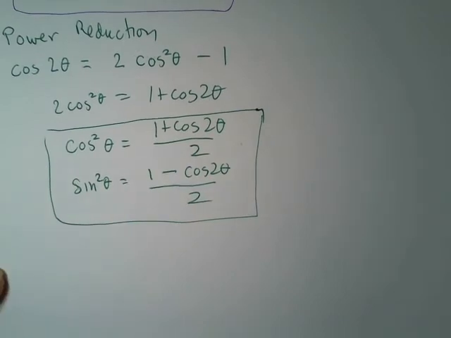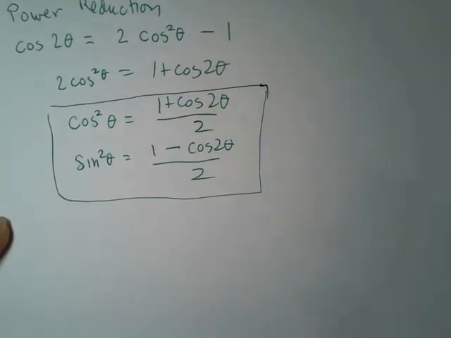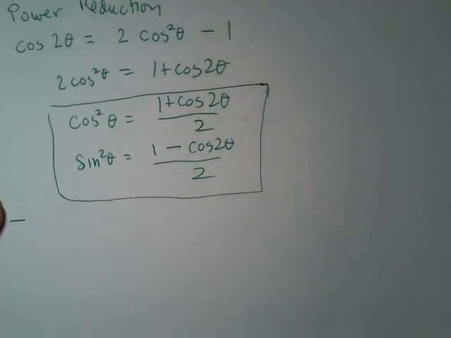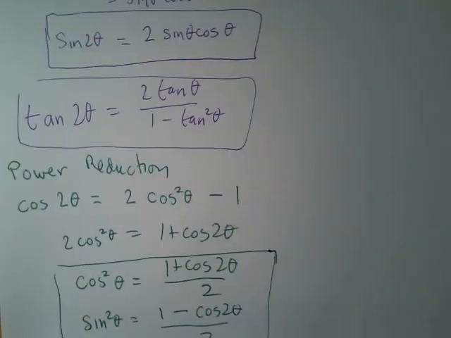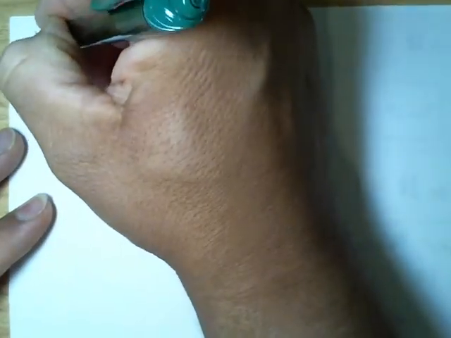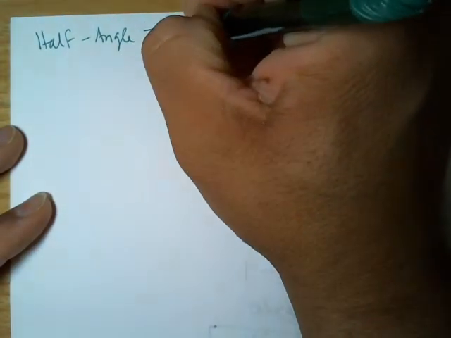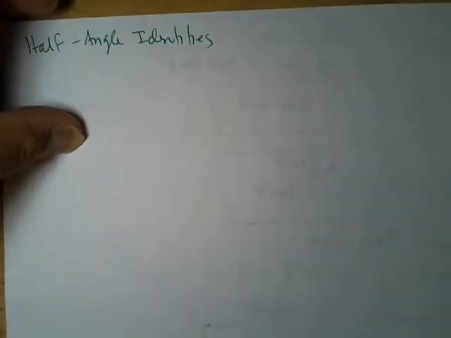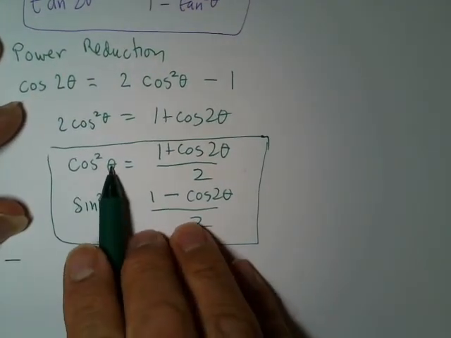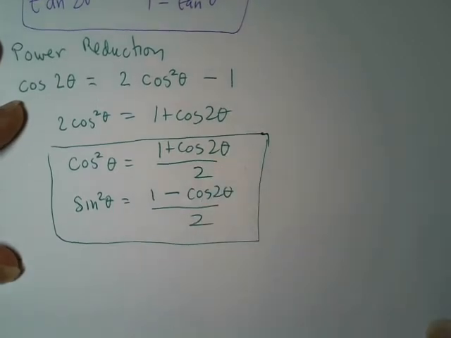But more importantly, I can use these power reduction formulas to develop what are called half angle identities. These stem from our power reducing formulas, where one thing you notice is this is theta and this is twice theta. Sometimes we can use that to our advantage.